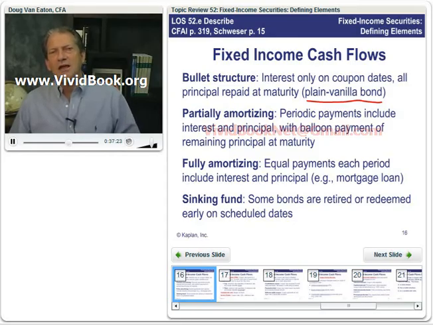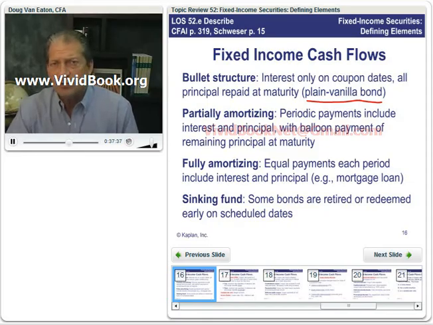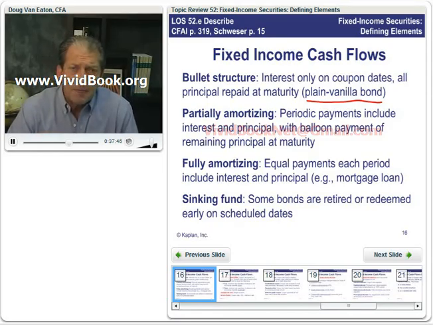And then over the last 15 years of those bonds, we're going to retire 1/15 of that issue, that much face value of bonds each period. So we're retiring some bonds early on scheduled dates. And they can be redeemed at par or face value. It could be that they're redeemed at a slight premium, but often at par value.